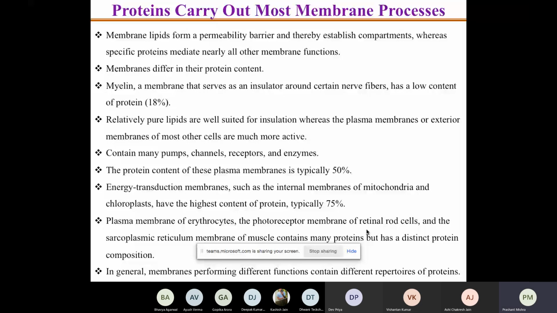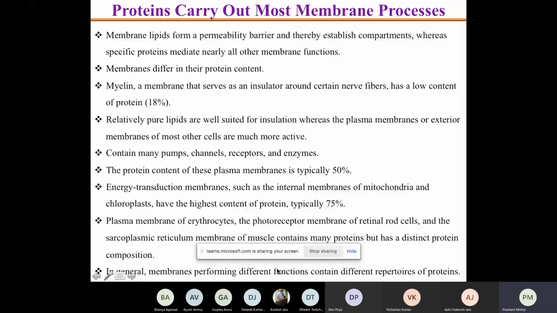So each one will have a different composition of protein. Protein is the one which gives the characteristic function to the membrane of any cellular organelle or cellular structure. So in general, membranes performing different functions will have a different repertoire of proteins.